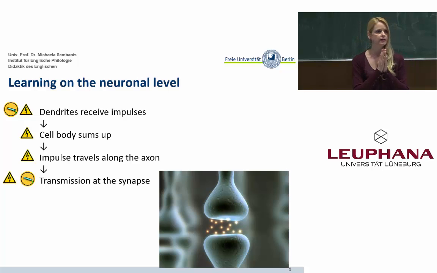I'd like to add a thought on action potentials. Note that the action potentials that are generated in a cell body are all of the same strength. So there is no such thing as a strong or weak impulse in your system, no big or small action potentials. And this is crucial information for us as educators in 2 ways.